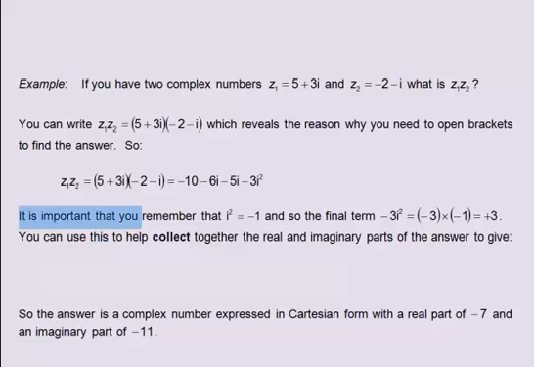It is important that you remember that i² equals −1, and so the final term, −3i², equals −3 times −1, which equals plus 3.